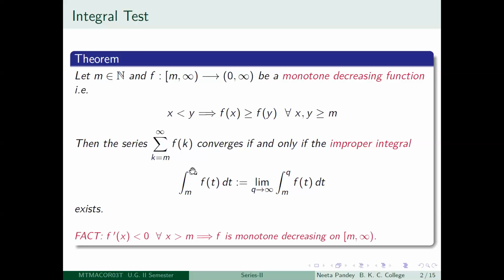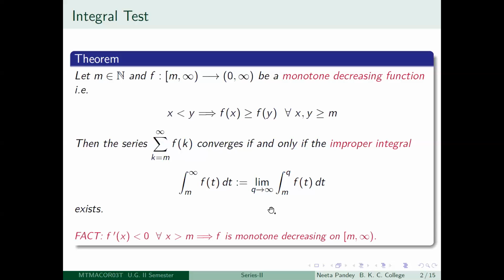Here the range is infinite, right? So if this limit exists finitely, that means that this integral is convergent, to use the proper terminology, and the integral test is telling you that the convergence of this improper integral is a necessary and sufficient condition for this series to converge.